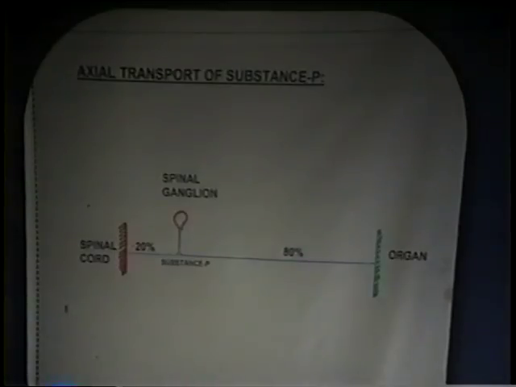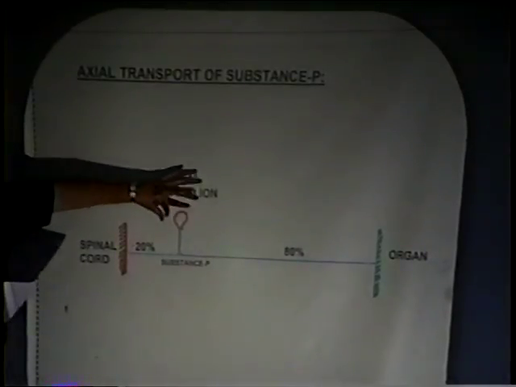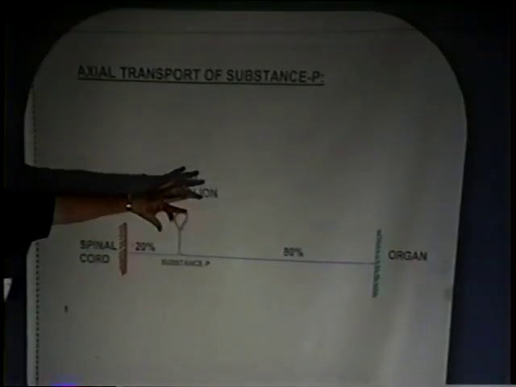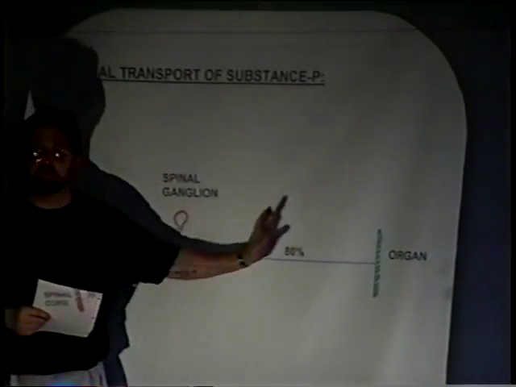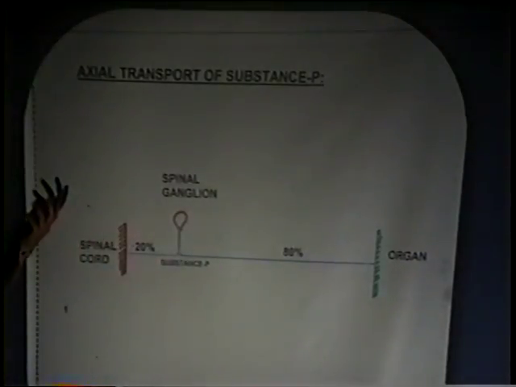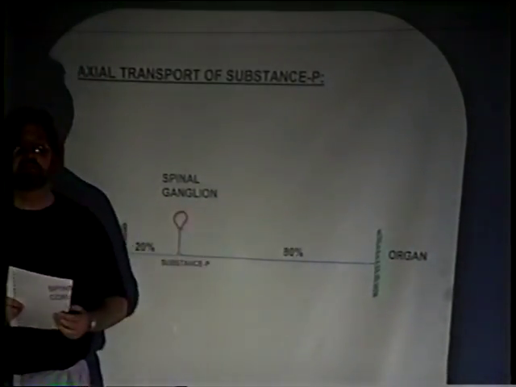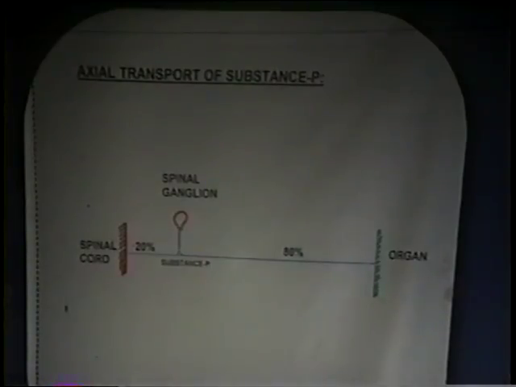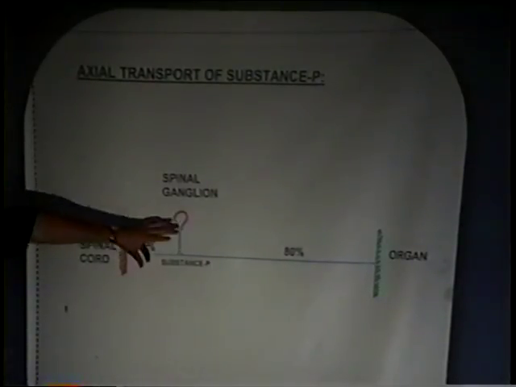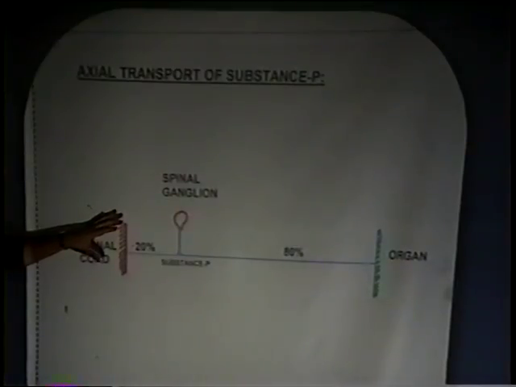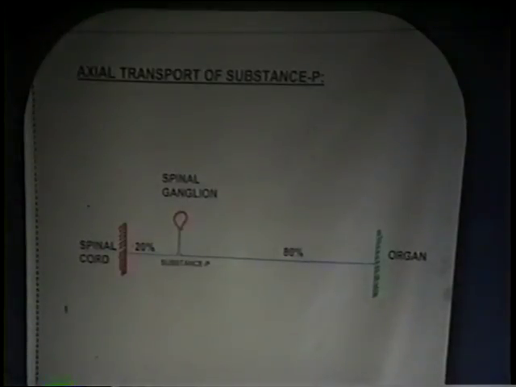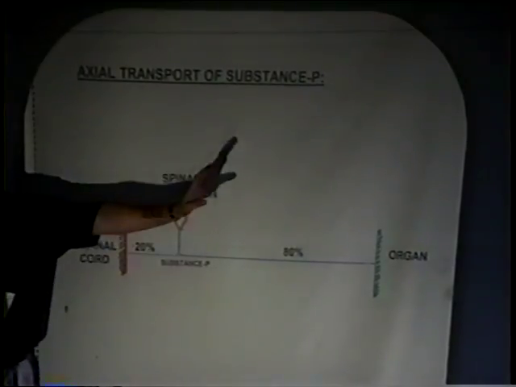If something comes out of the spinal ganglion, 80% will go to the organ, and 20% will go to central. This flow, for example for substance P, is 400 millimeters per day. And the book of Butler mentions that the stream up is 200 millimeters a day. That could be, could not be. So we will keep it for now as 400 millimeters in both directions.